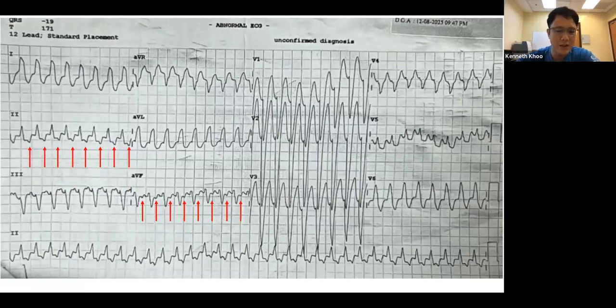By definition, this is still considered a short RP tachycardia, but the RP is not too short, as we can see the P wave still well out at the ST segments. Also, at the precordial leads V1, V2 to V3, we can see very thin, narrow, and slender R waves. So this generally means a septal activation of the tachycardia.